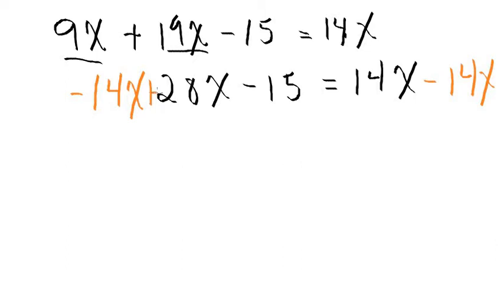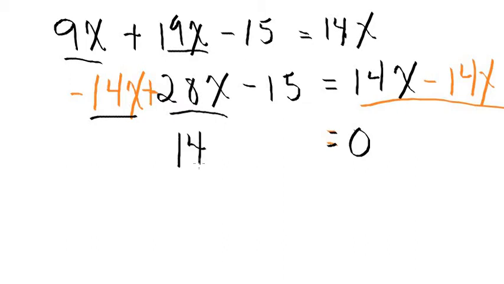That'll leave us over here on the right with 0. And we have negative 14x, since we have like terms here. Negative 14 plus 28 is going to give us 14x minus 15.